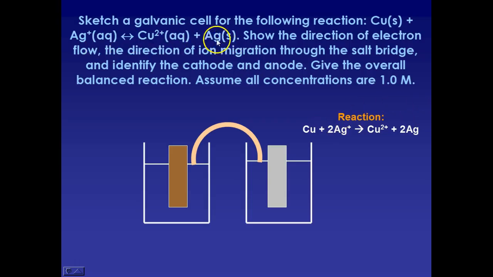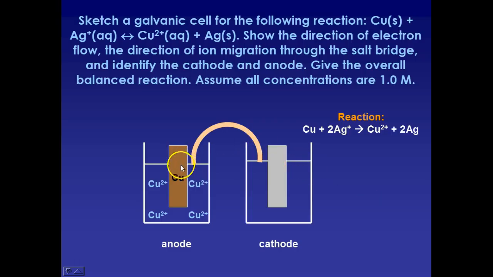Silver gained an electron, copper lost 2 electrons. So when I balance that equation out, I would need silver to gain 2 electrons, which is why I see 2 in front of both silvers in the final reaction. Copper was losing electrons, so it's acting as my anode, while silver was gaining electrons, so it's acting as my cathode.